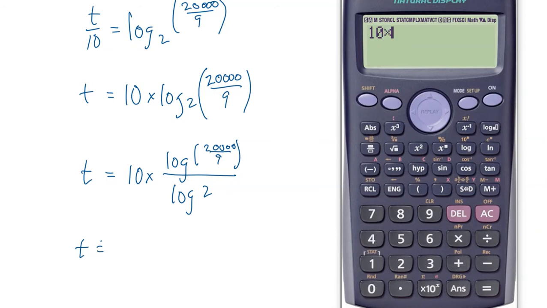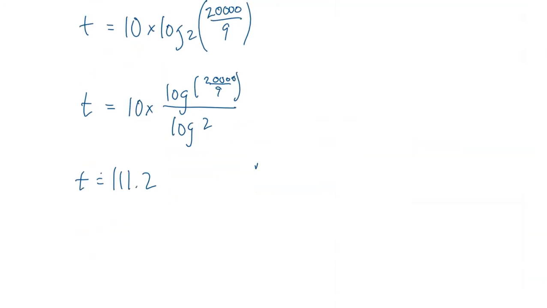Whoops. 10 times log 20,000 divided by 9, close bracket, divided by log 2. 111.2. And we're in minutes. There we go.